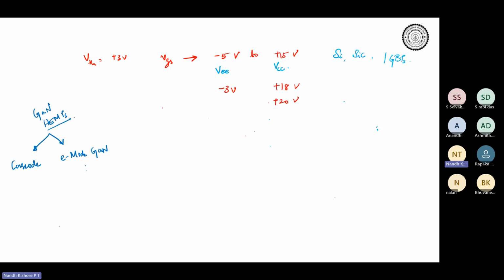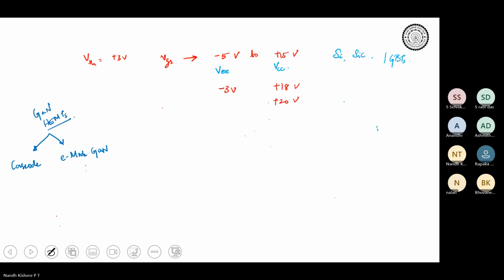So the idea is if you see GaN as a material and analyze its properties, you see that GaN will naturally give you a naturally on characteristic. Naturally on means even if you don't apply a positive gate source voltage, the channel is going to be on.